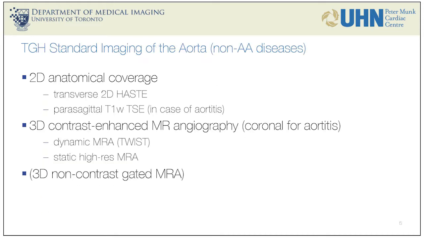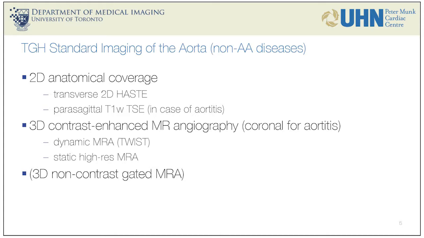So in terms of the imaging protocol that we typically follow, in case it's not a question where we know it's about the ascending aorta, it's a fairly easy imaging protocol. We have some basic anatomical coverage, mainly done with a T2-weighted HASTE imaging across the chest. Occasionally we may do some sagittal fast spin echo techniques when we're talking about aortitis or Takayasu's.